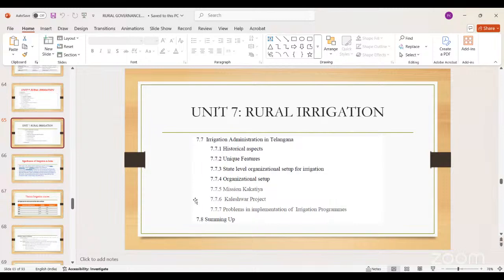Then the next important scheme is called the Kaleshwaram project. The Kaleshwaram lift irrigation project has been in the news for the last few years. It is a multi-purpose irrigation project on the Godavari River in Kaleshwaram, Bhupalpally, Telangana. It is currently the world's largest multi-stage lift irrigation project.